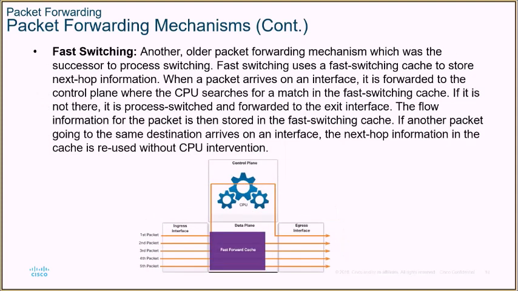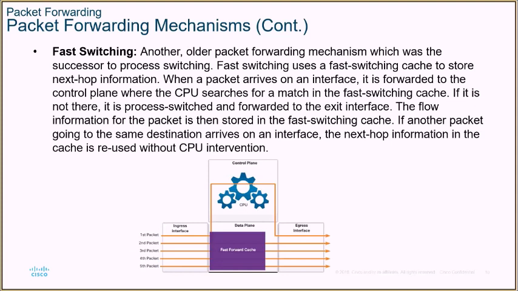And so, as I said, fast switching uses the same process for the first packet, but while it's doing that, it also updates that fast forward cache, and then all the subsequent packets will go through an express process.